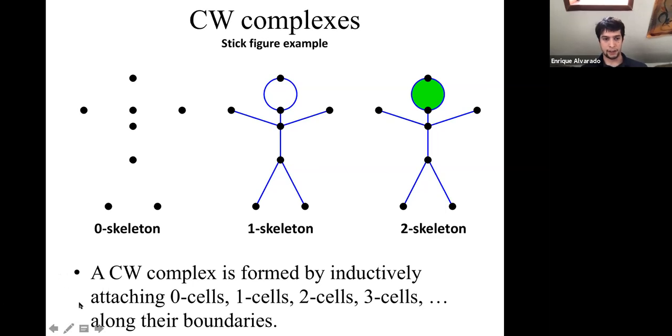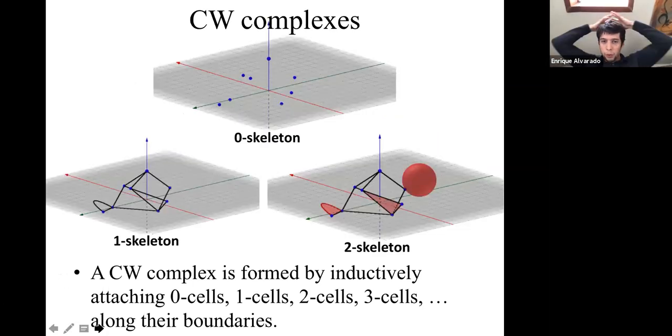Next slide. One more example. The previous example was just in a plane. Let's say you have vertices in 3 dimensions, and then you can attach 1 cells on the figure that you have in the bottom left here, and then you can attach the 2 cells in a similar way as how we did before. As you can see on the bottom right figure, on the left semicircle, that's a 2 cell attached to it.